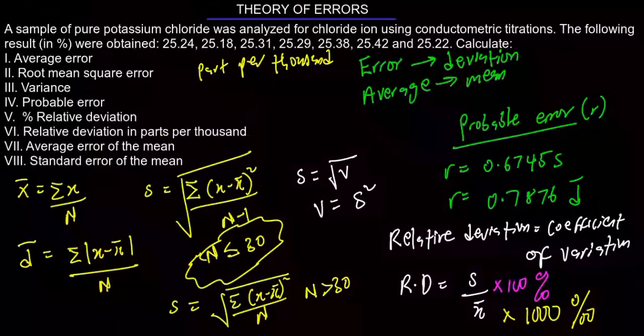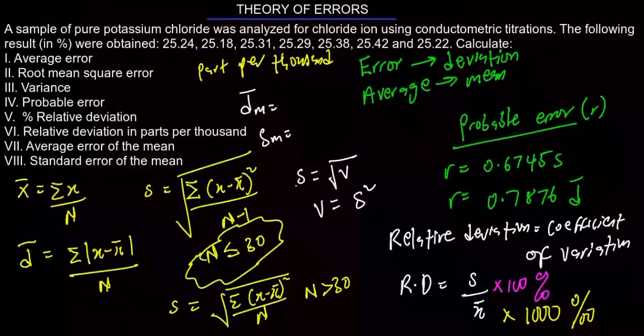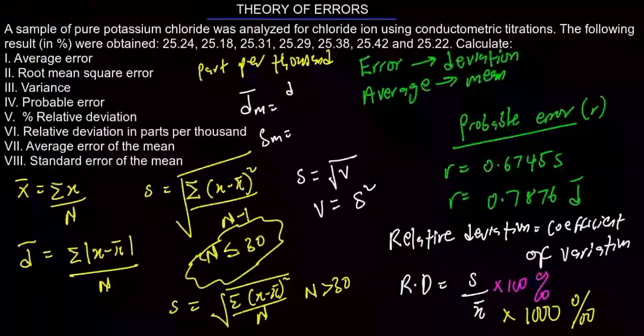Then what is the average error of the mean and what is the standard error of the mean? It's very simple. The average error of the mean is given as dm, and the standard error of the mean is given as Sm. The formulas are very alike. The average error of the mean, or average deviation of the mean, is the average deviation over the square root of the number of data that you have.